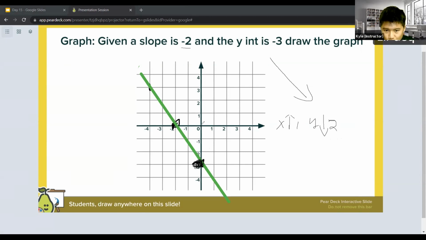So a way that I can draw this is that if we start at the origin, or 0, 0, my next point would be down here, and the next point would be down here. You guys can visualize this as a box as well, where I go right 1 and I go down 2.